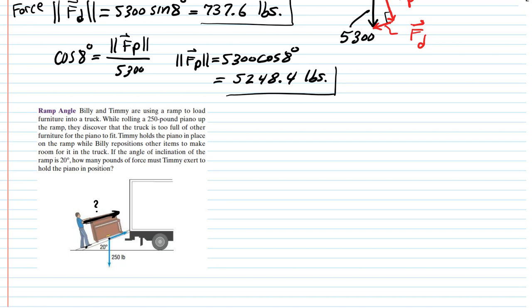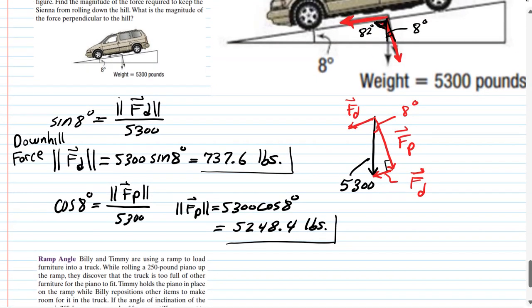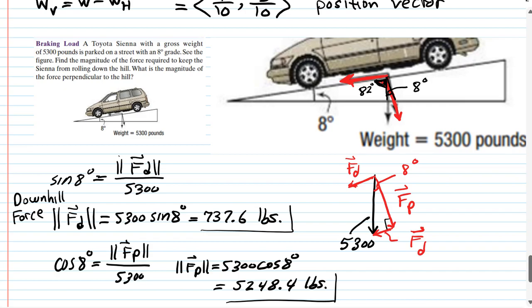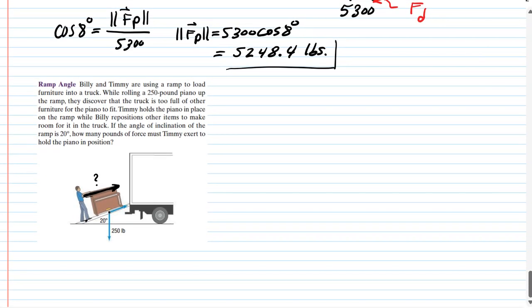Now again, based on what we just did up here for inclined planes, the way the geometry of this works, for that inclined plane the angle is 20 degrees, right? That's the angle of inclination for the ramp, 20 degrees, correct?